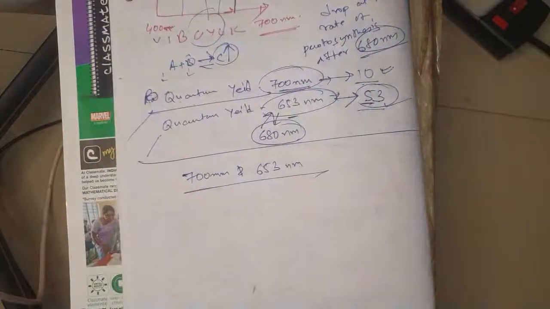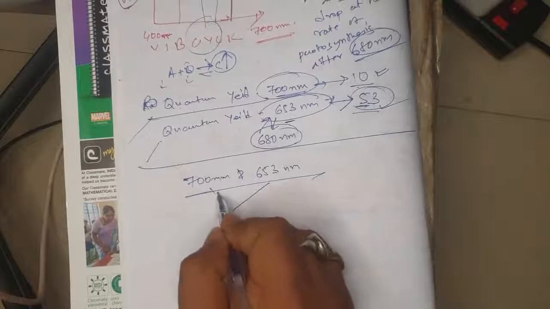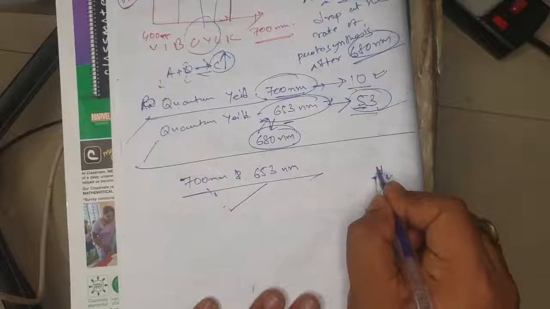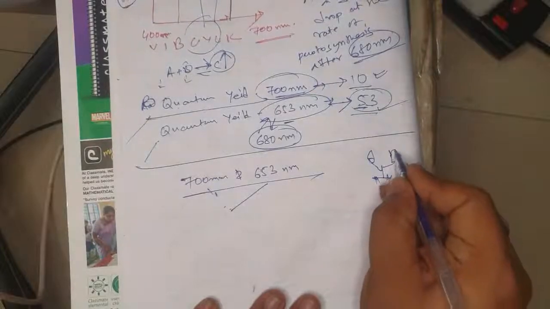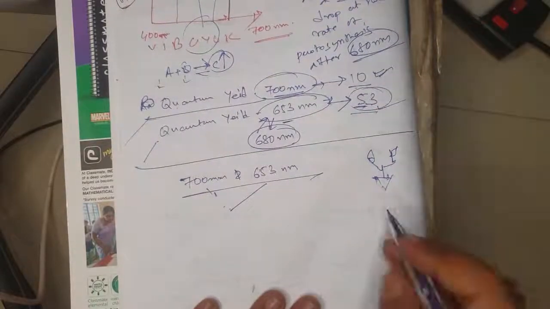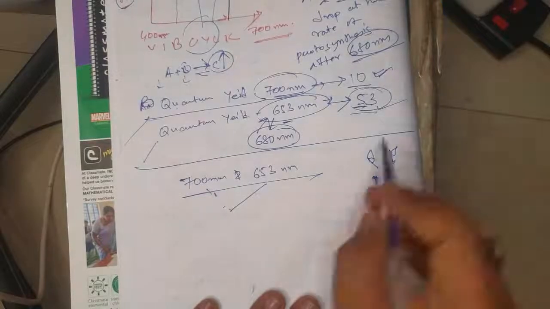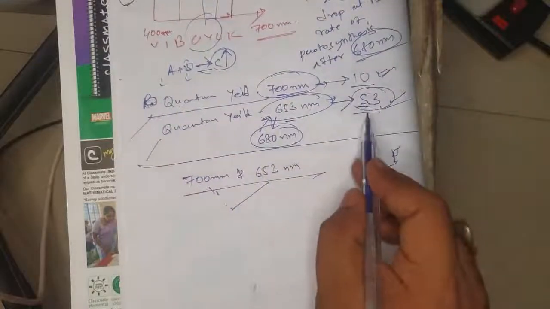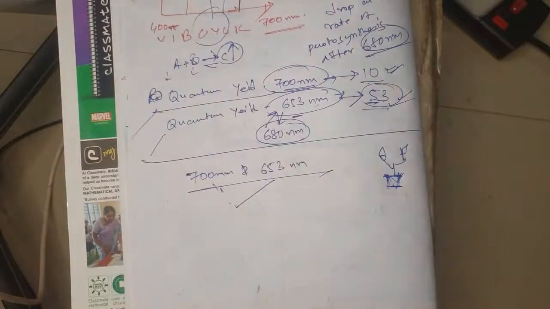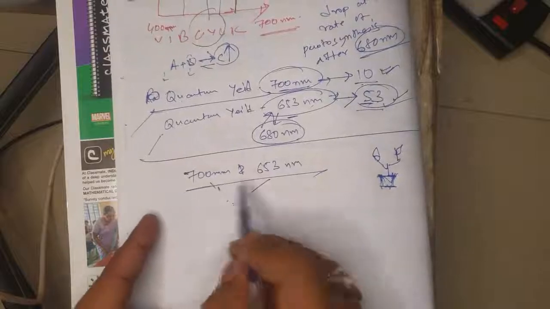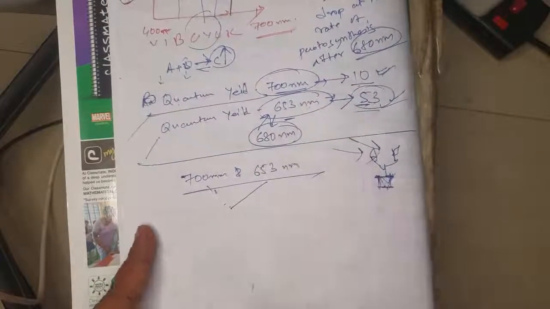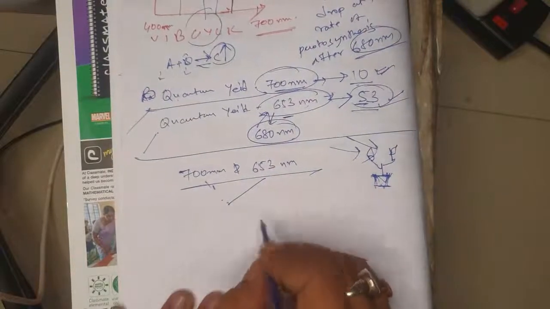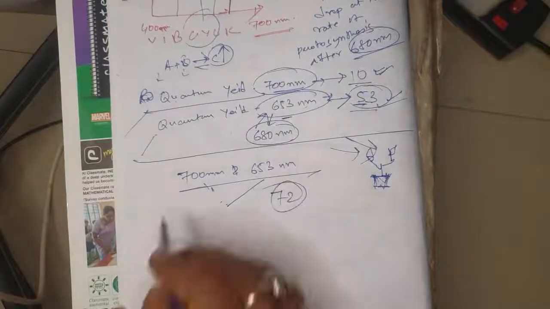And then what he did, he exposed at 700 and 653 together. প্ল্যান্টটা ছিল, first 700 nanometer এক্সপোজ করলে কোয়ান্টাম yield 10, তারপর 653 তে বা 680 তে করলে কোয়ান্টাম yield 53। দুজনকে একসাথে করলে, if both the wavelengths are allowed to fall together, the quantum yield becomes 72.